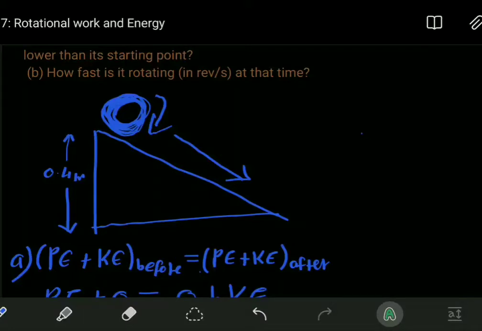Okay, so we're saying at the bottom, this wheel has got zero potential energy, and it only remains with the kinetic energy, which is translational kinetic energy as well as the rotational kinetic energy. So let's look at the equations.